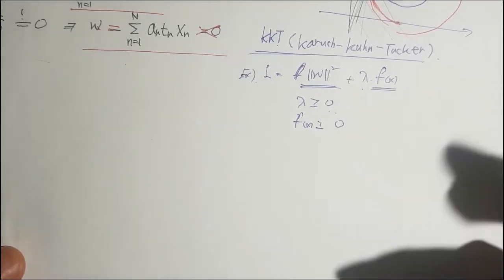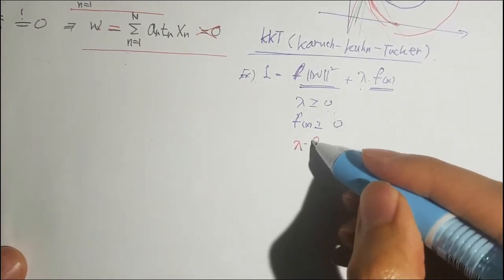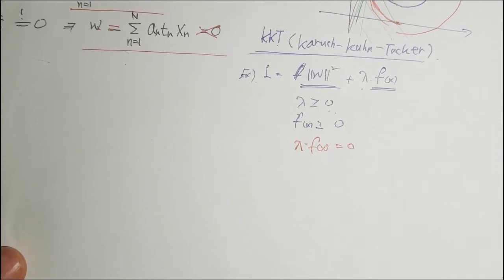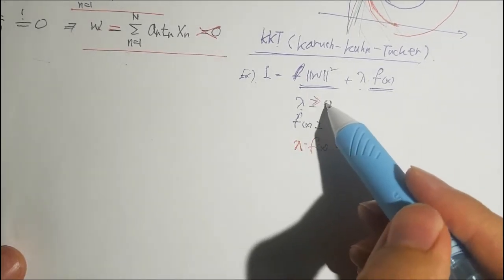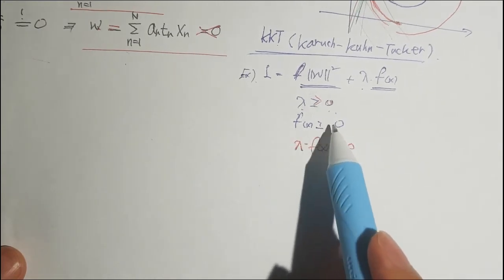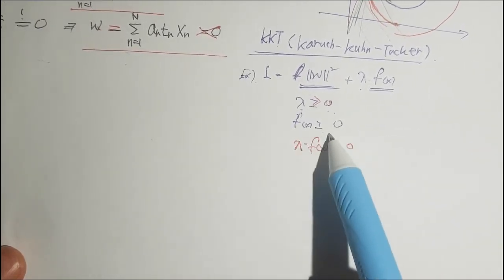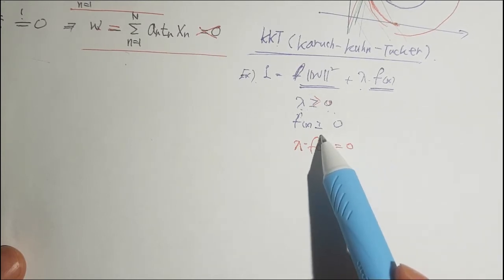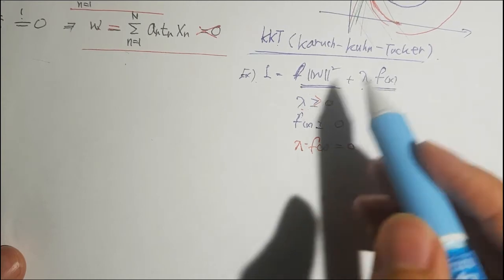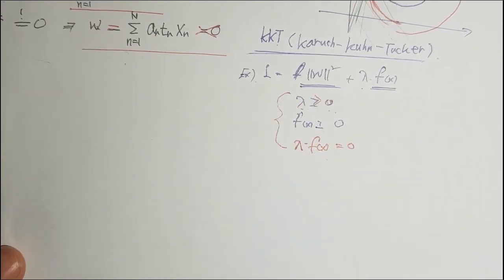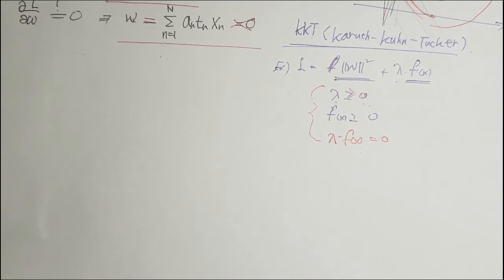Then it is important, lambda multiplied by f(x) should be 0. So if lambda is larger than 0, then f(x) should be 0. If lambda is 0, then f(x), the function, should be larger than 0. So if these three conditions meet, then we can still apply this equation.